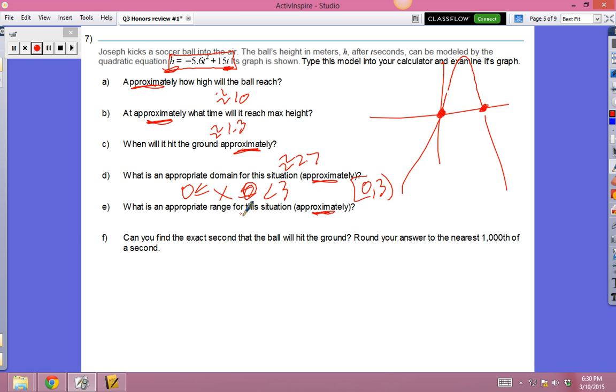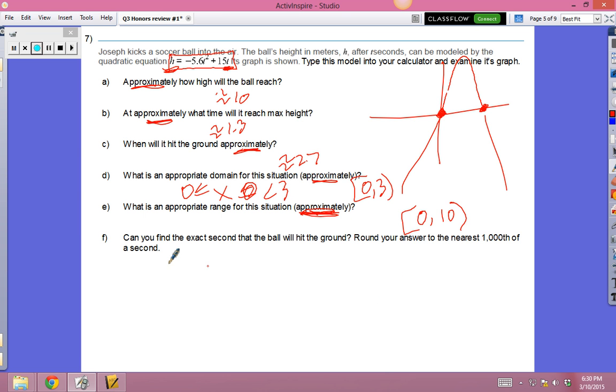Okay, the range, up and down. Negatives don't really make sense here either. So the range on the y is going to go from 0 up to 10. Include 0, and 10, who knows, unless you calculated exactly the max. So we won't probably be too picky if it's approximately.